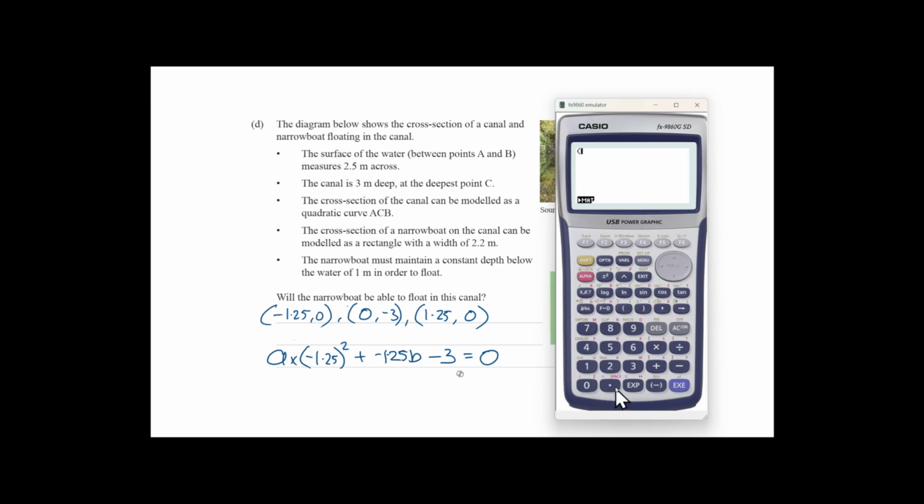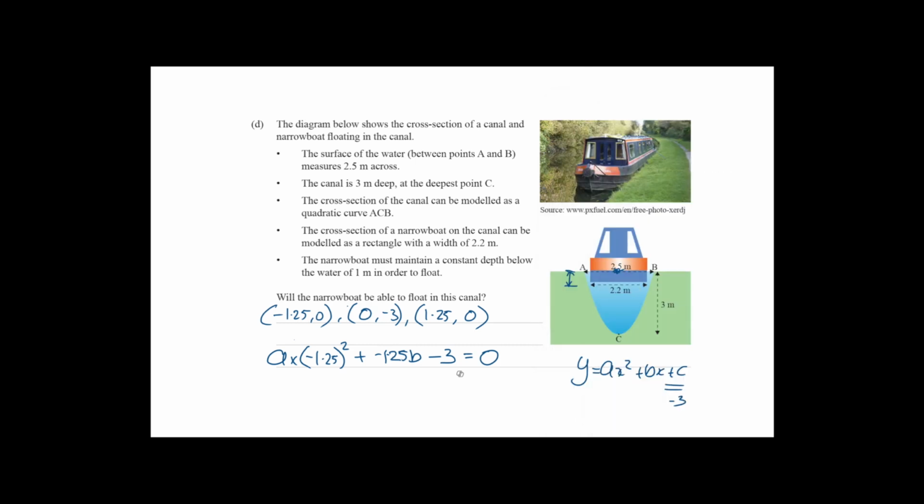I don't think so. -1.25 squared is 1.5625. So 1.5625a minus 1.25b equals 3. That's one equation.